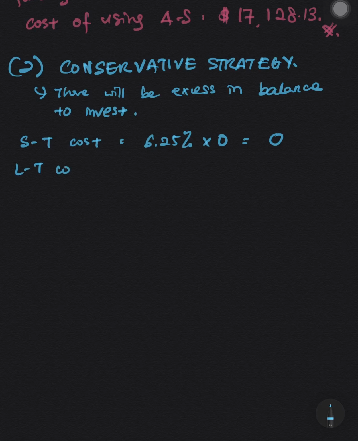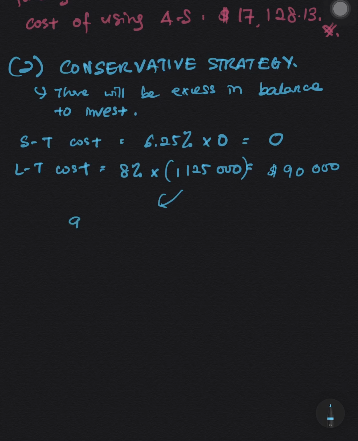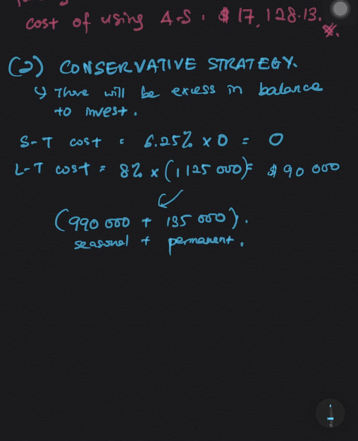Long term cost equals 8% multiplied by 1,155,000. How do we get this? It is 990,000 plus 135,000, seasonal plus permanent. We add this.